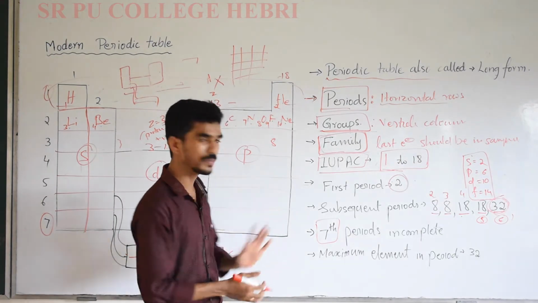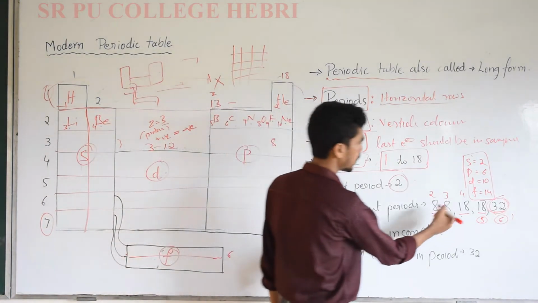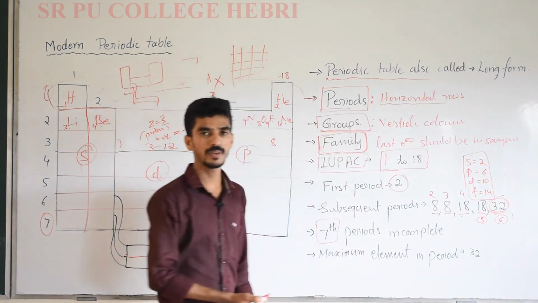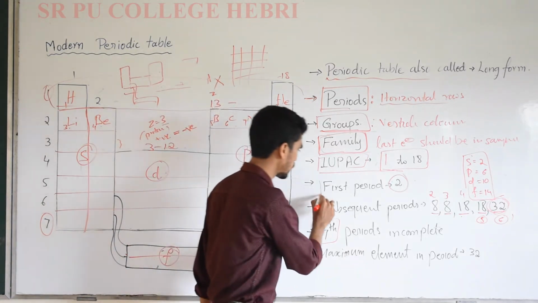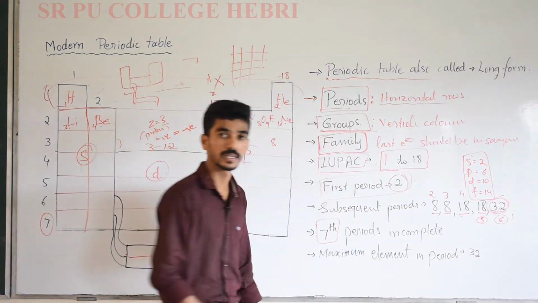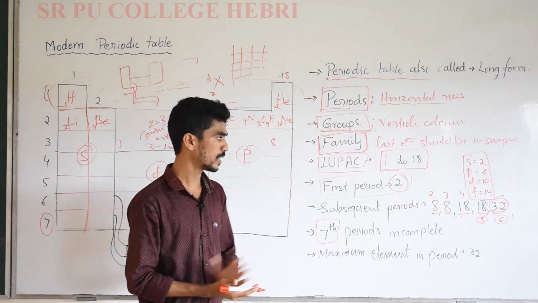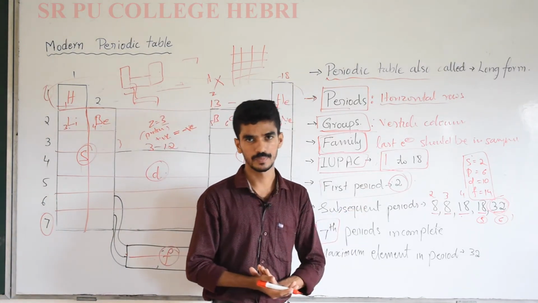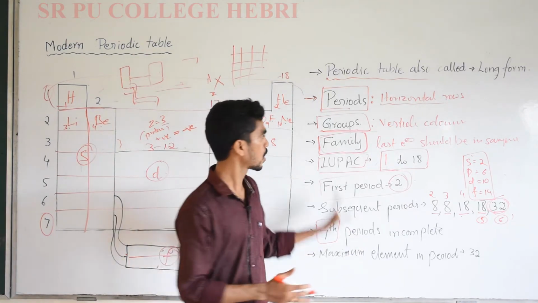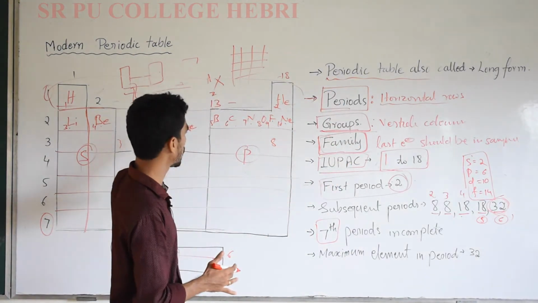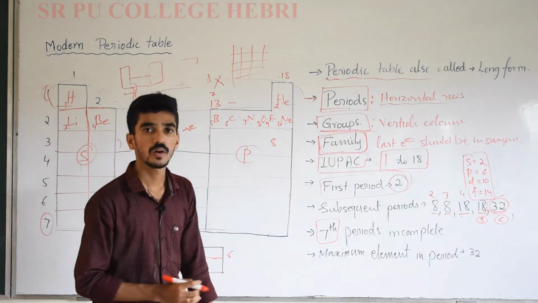So 32 elements are discovered. Next, the least number of elements present in a row is in the first period, because only 2 elements are present. Highest is in the 6th period, least is in the first period. So this is the general instruction regarding the periodic table.